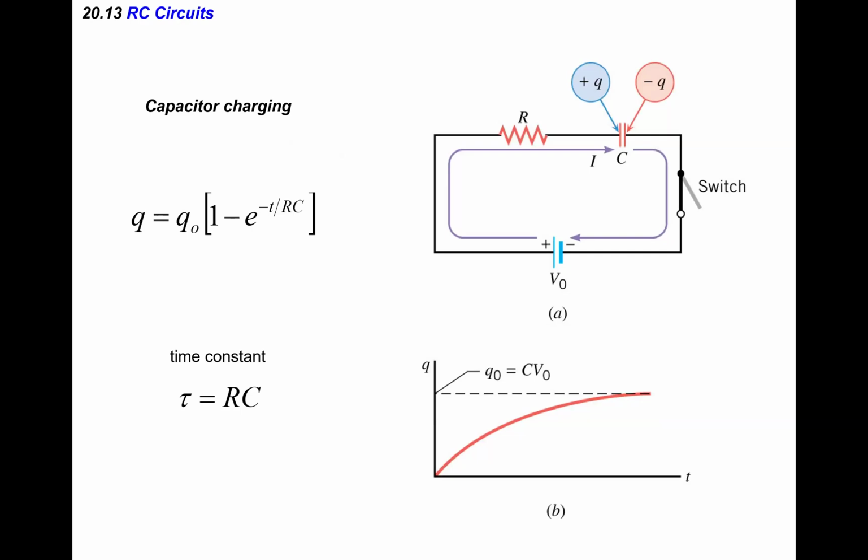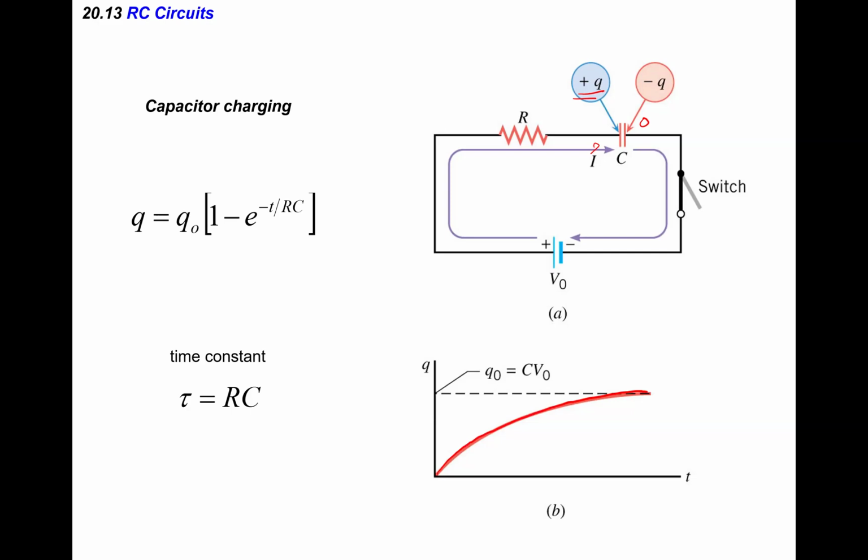So if we have a current into the circuit, initially the charge here is 0, and as time goes by, the charge will start to accumulate here and reach its maximum, which is Q. So the charging process looks something like this.